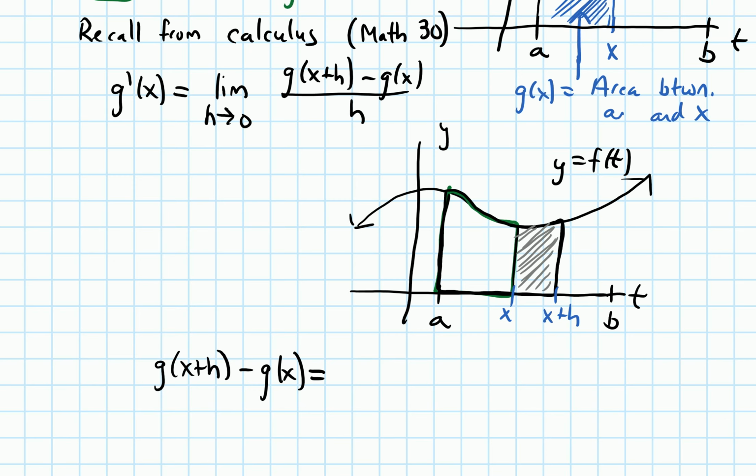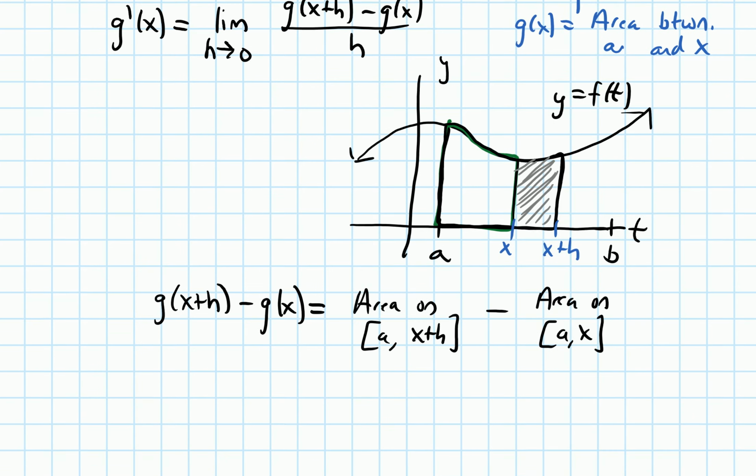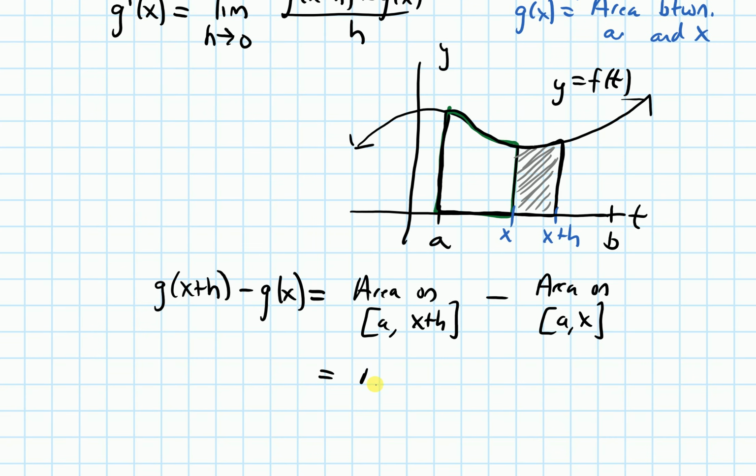The reason for that is the first term is the area on the interval from a to x plus h, the second term is the area on the interval from a to x, and when we subtract those two areas, we end up with the area on the interval from x to x plus h.